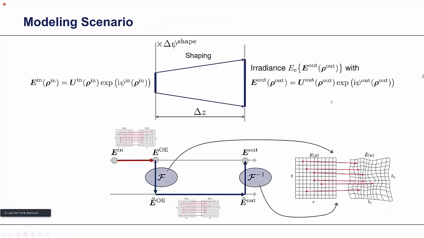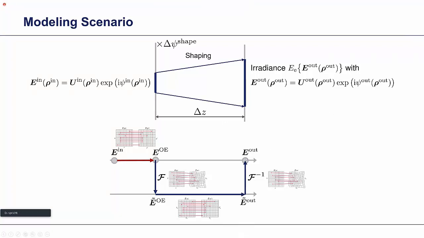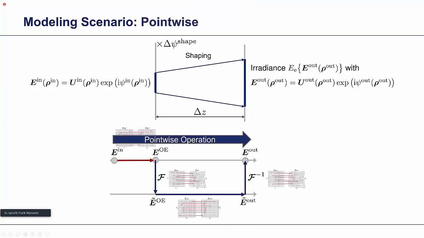That means we ask the question, what does it mean if the Fourier transform and maybe also the inverse Fourier transform becomes pointwise? Okay, let's assume both Fourier transforms would be pointwise. Then it's obvious that the whole transformation from the input to the output becomes a pointwise operation, because all four operations are pointwise.